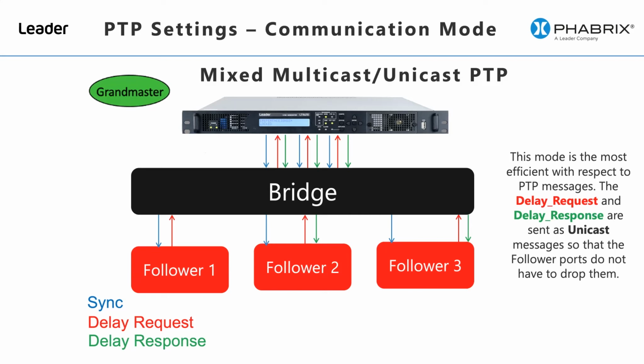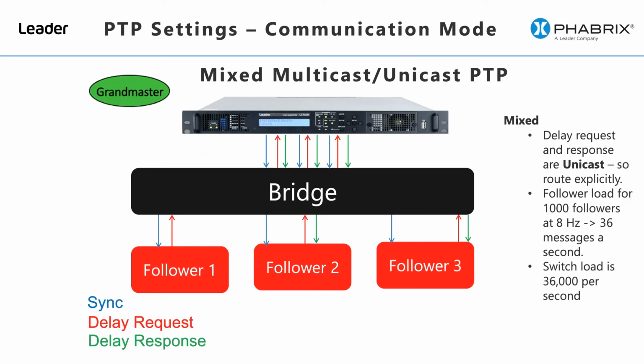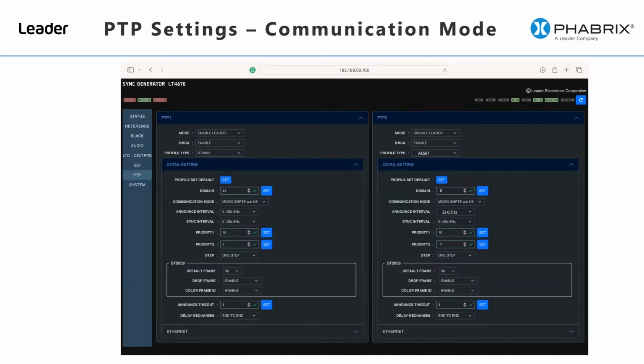The delay request and delay response are sent as unicast messages, so that the follower ports do not have to drop them. So in mixed multicast, delay request and response are unicast, so routed explicitly. The communication mode, again, is set up on the sync pulse generator with PTP, and it also has to be compliant with your network switches.